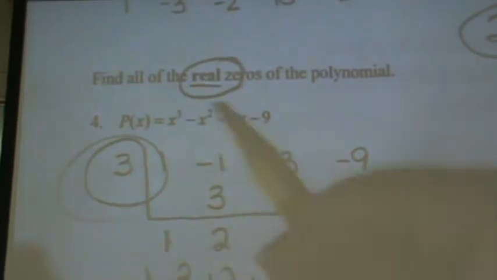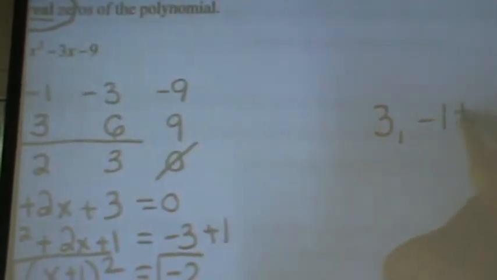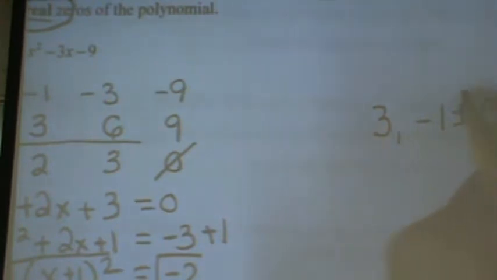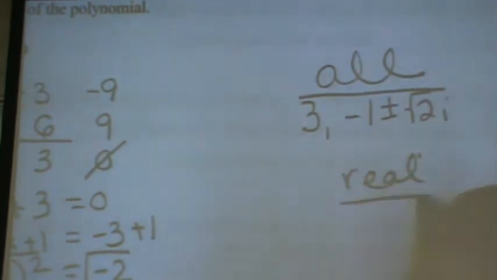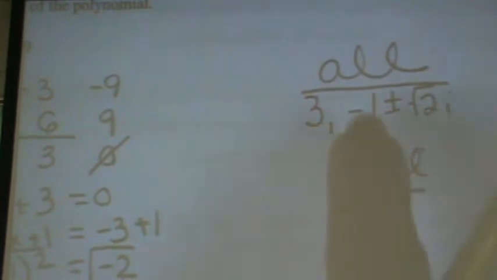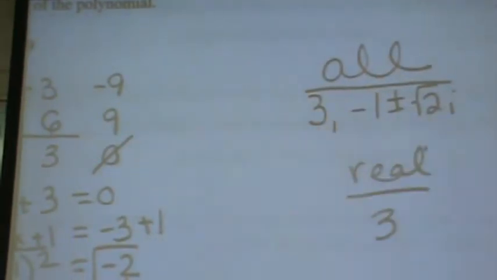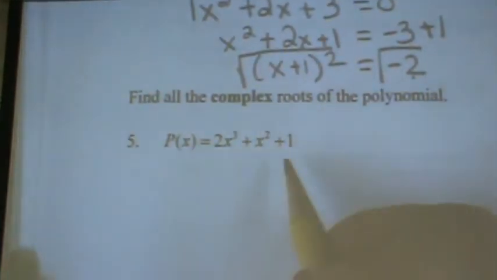If it said find all solutions, if it said find all, you would say 3, and you would say -1 plus or minus root 2i. This would be all, if it said all, but it only asks for real, so the answer is just 3 for this one. But if it says all, you would put both of them. In the last one, number 5, they want all of them, real and imaginary.